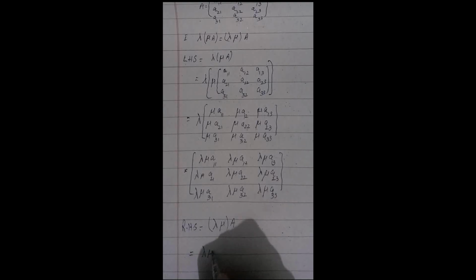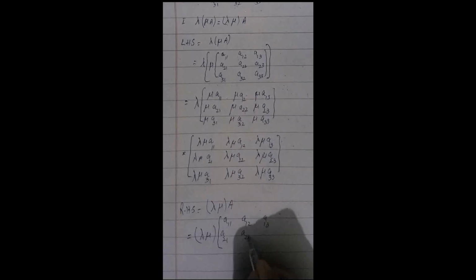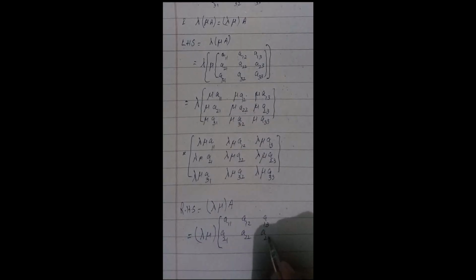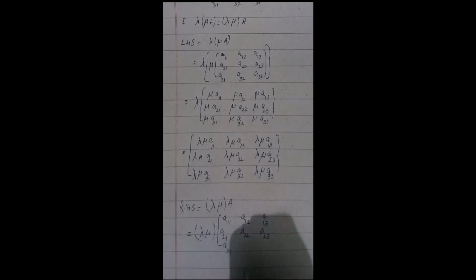We write lambda mu and the matrix A11, A12, A13, and the second row A21, A22, A23, and the third row is A31, A32, A33.